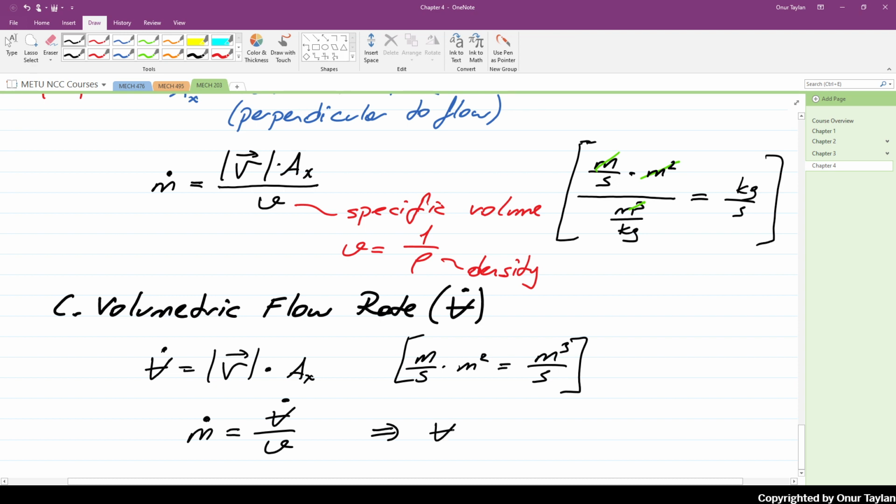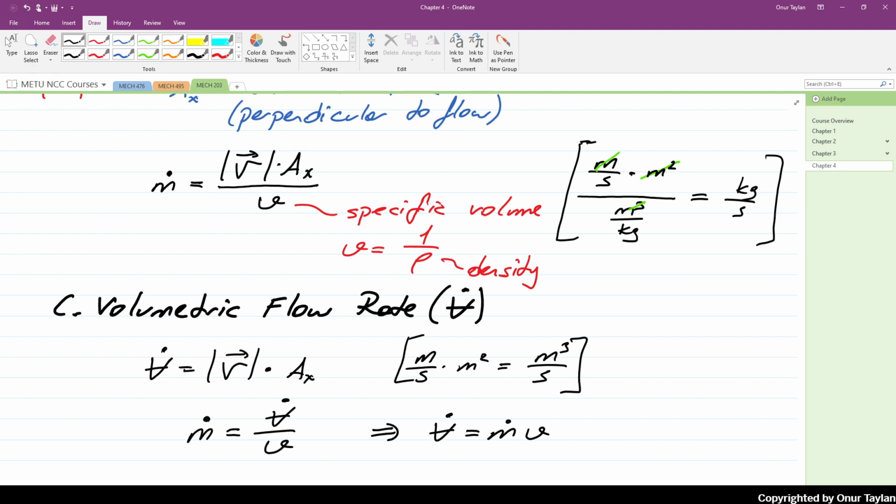Or you can say the volumetric flow rate is the mass flow rate times the specific volume. If you know the mass flow rate but need the volumetric flow rate, this is the conversion as well. So that's pretty much it about the mass balance, the mass flow rate, and the volumetric flow rate.